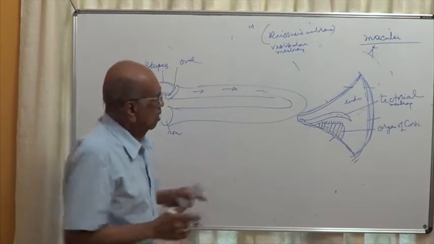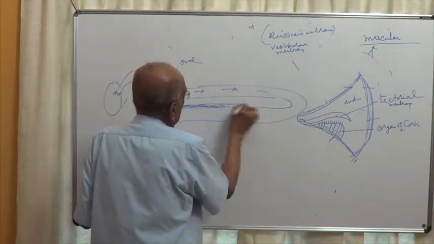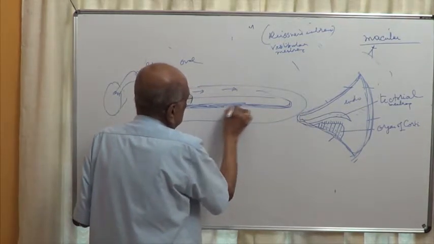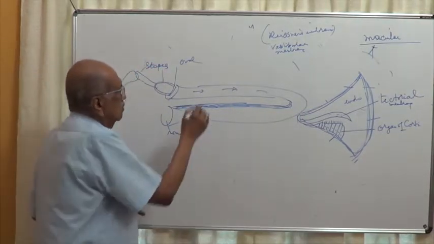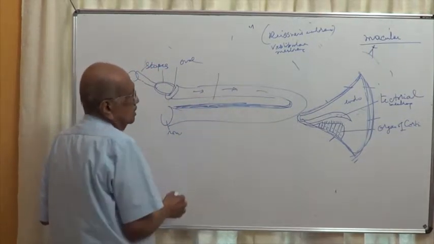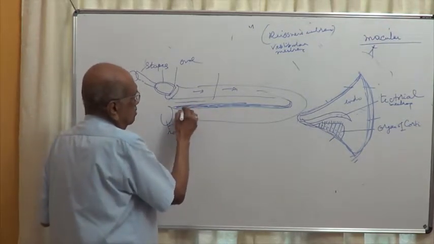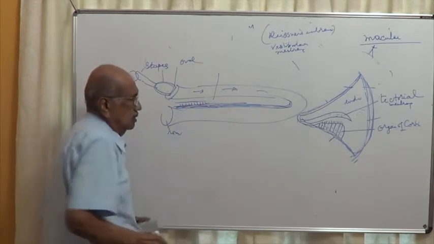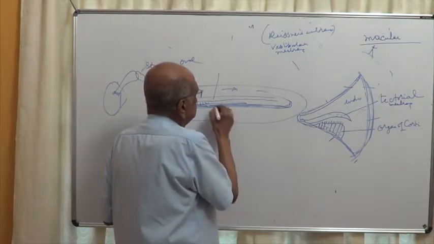The organ of Corti is located on, this is endolymph, remember, and there is another tectorial membrane over that. It's present throughout.